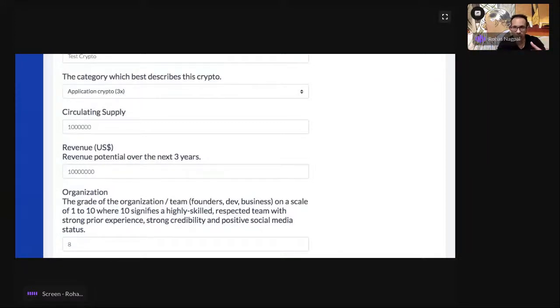Suppose that is opening up a week from now, the circulating supply could go up 5 times, and that could crash the market price or not. So always keep that in account. Don't put today's circulating supply. If you're doing valuation from a 3-month perspective, take into account what coins will be opened up in the next 3 months also. I usually do these valuations on a quarterly basis, 3 months at a time. Is it clear? Any questions? Give me a clear if it's clear, so I'll go to the next step.